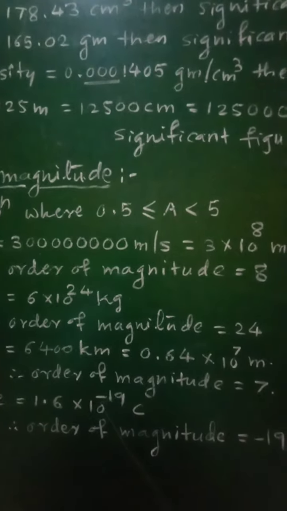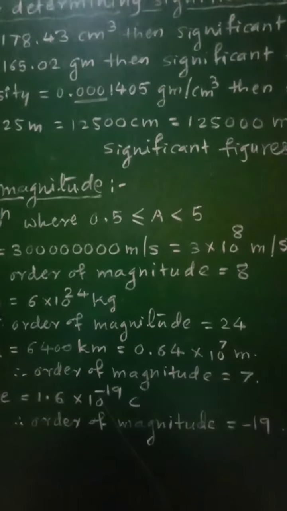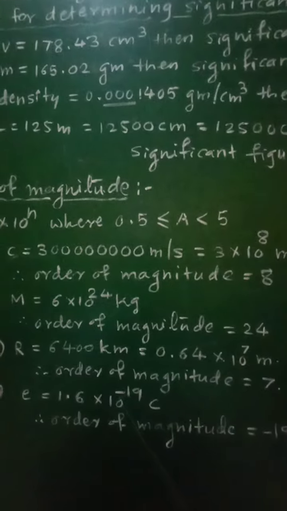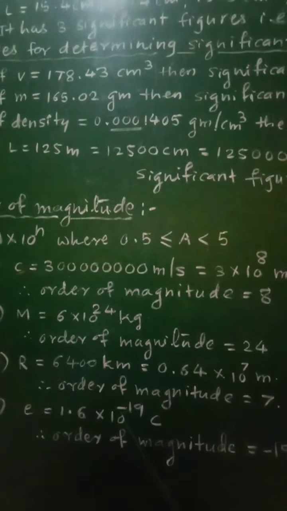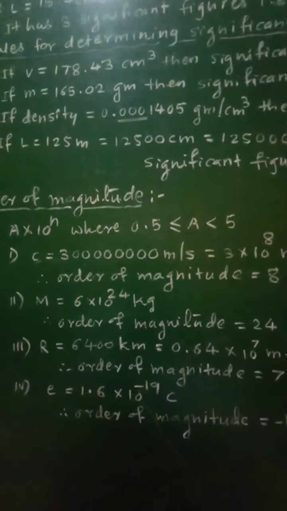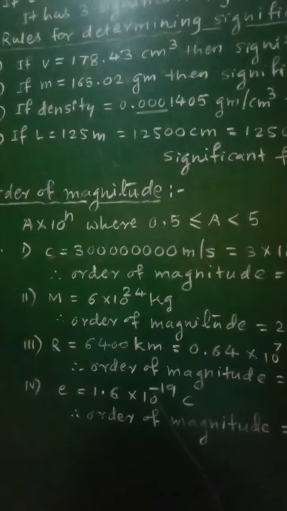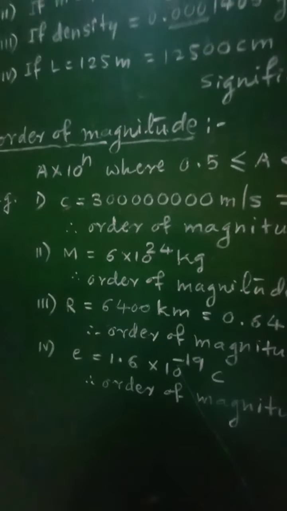That means that number A must be written in between 0.5 and 5, and the n, that is the index, that is the power of 10, will be an integer, and it will be called the order of magnitude. The power of that 10, that is n, will be the order of magnitude of that given measurement.